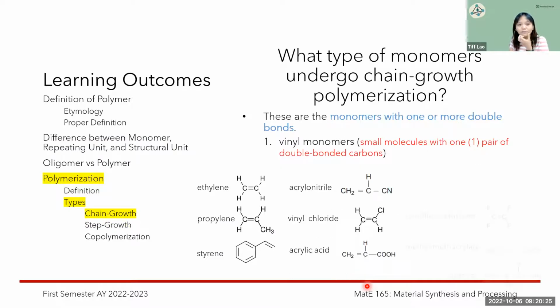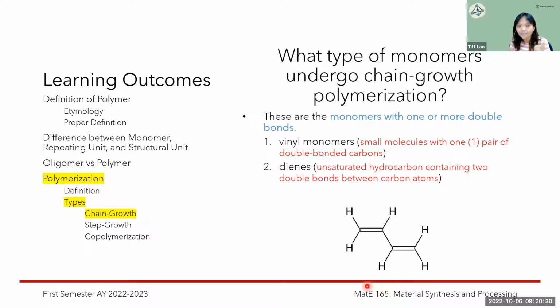Okay. So aside from vinyl monomers, dienes also undergo chain growth. So yung diene naman, 2 double bonded carbons ang meron siya. So ito, example ng diene yan. Actually, yung rubber, galing siyang diene. So rubber came from chain growth polymerization. Okay?